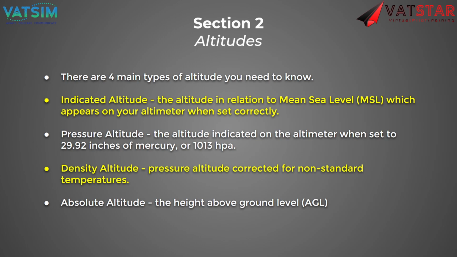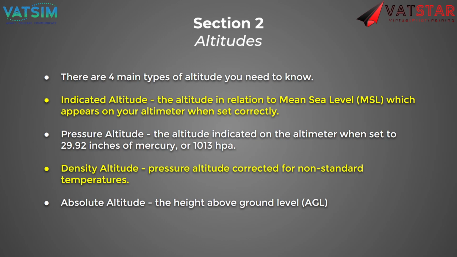But density altitude is pressure altitude corrected for non-standard temperatures. Pressure altitude is at 29.92, but it's also at a certain temperature: 59 degrees Fahrenheit, 15 degrees Celsius. So when that temperature changes, you get density altitude, which is pressure altitude corrected for non-standard temperature.